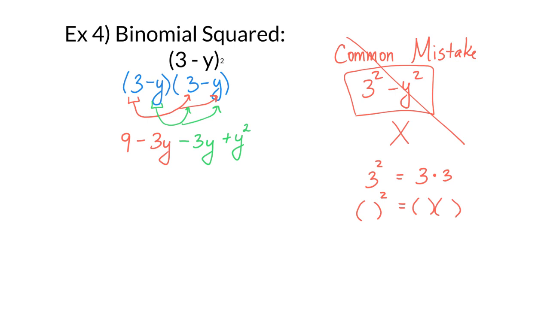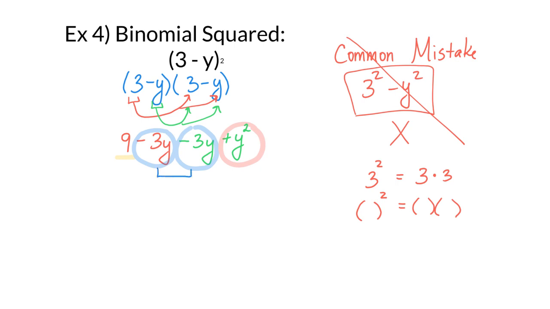Once we distribute correctly, we then look for like terms. The 9 is a constant. It is by itself. We then look for any terms that have a y. I have 2 terms with a y. And then we have a y squared. That is the only term with the y squared.